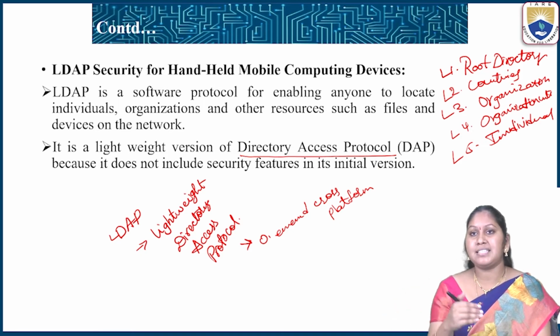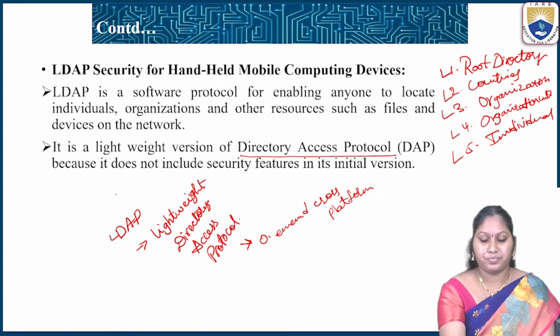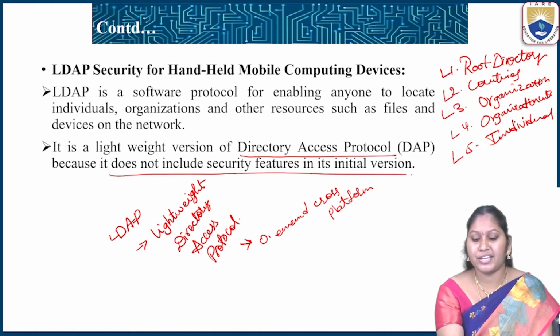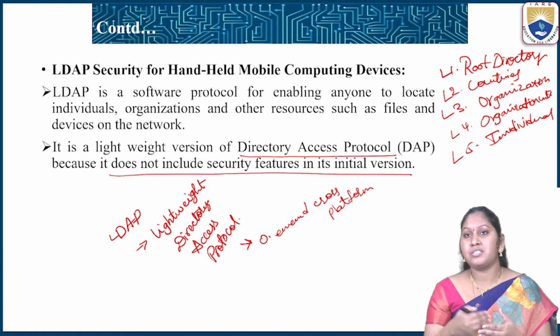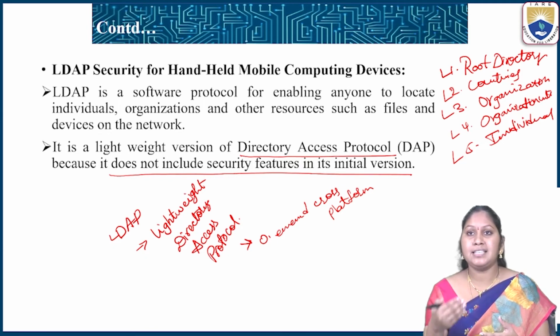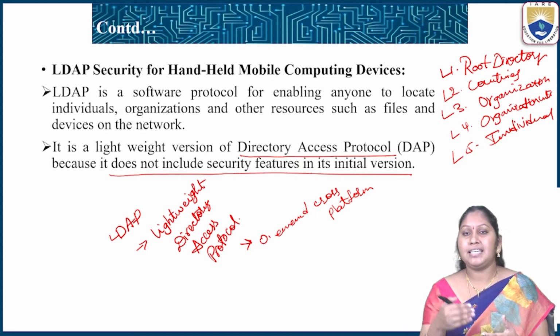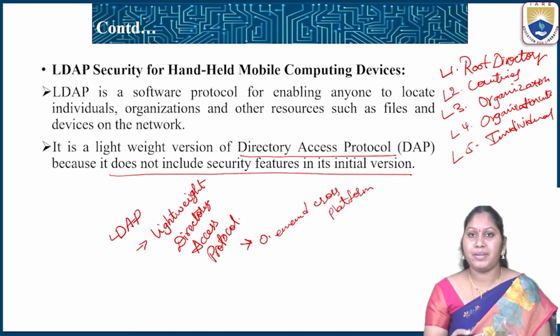It does not include security features in its initial stage. When the directory access protocol was first introduced, the security features were not initialized. So later they developed LDAP, the lightweight directory access protocol.